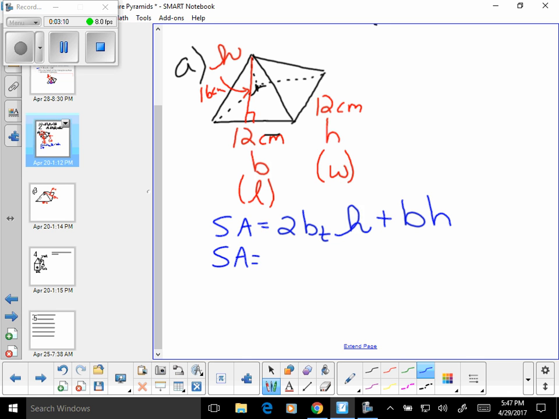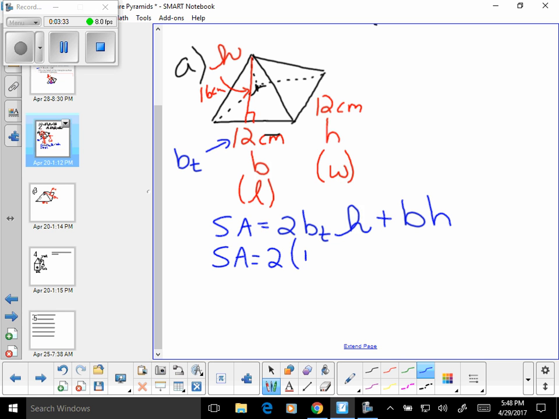So our surface area is going to be 2 times the base of the triangle, which is also going to be b sub 2. So it's going to serve 2 purposes. It's going to be the base of the triangle, and it's also going to be the base to find the area of the base square.